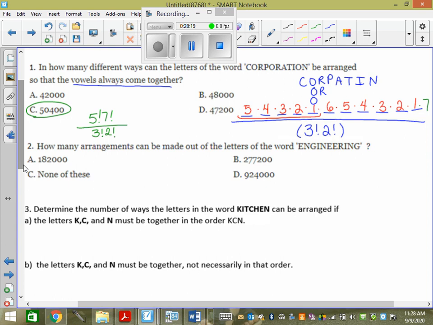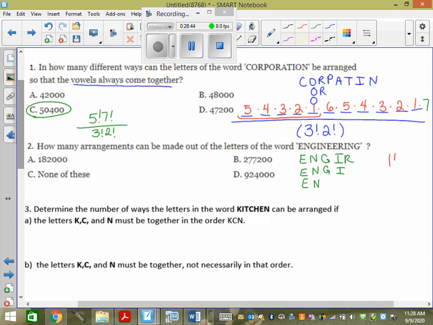And this one's just a plain old one. How many arrangements can be made from the word engineering? Is there any restrictions on it? Nope. So we have E, N, G, I, N, E, E, R, I, N, G. A whole bunch of doublings and triplets. So I have 6, 7, 8, 9, 10, 11.